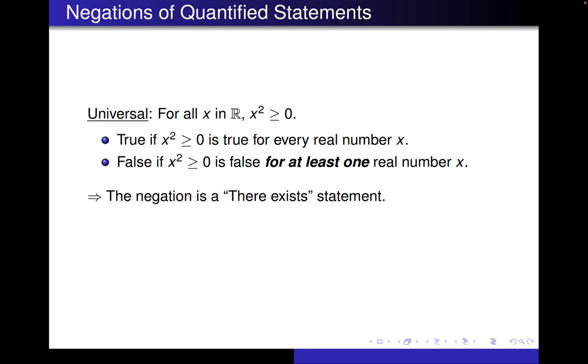So we take our universal statement, we negate it, and we get a there exists statement. If we rearrange what it means for the universal statement to be false, that means there exists x in R, that's for at least one real number x, such that now x squared greater than or equal to 0 is going to be false. That means x squared has to be less than 0.